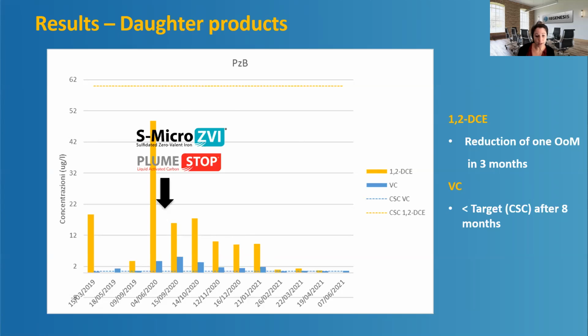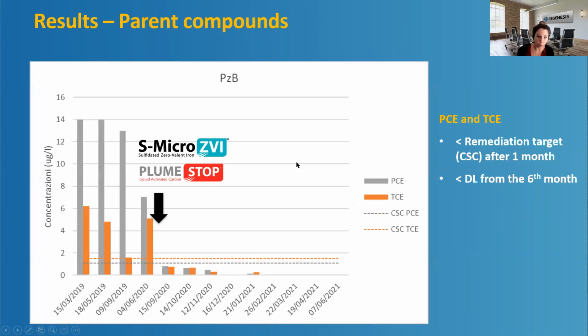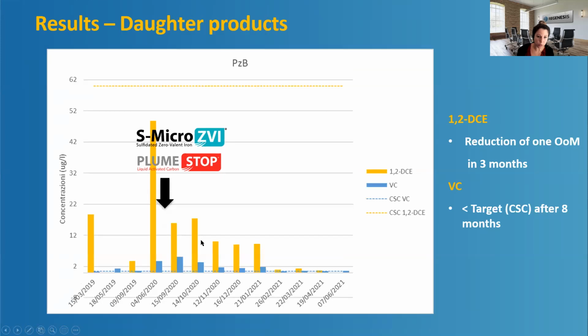For vinyl chloride, it's less evident, but after 8 months, we are under the target of 0.5 micrograms. So this is also the effect of the combination of this approach that allows us to reduce the formation of daughter products while degrading the parent compounds that we just saw.